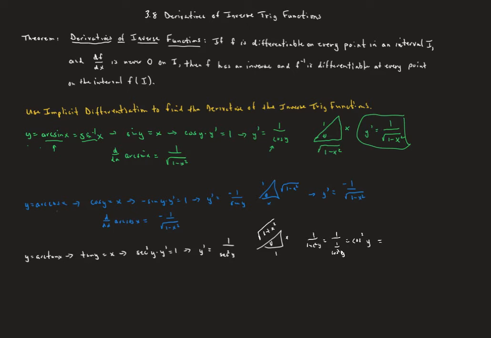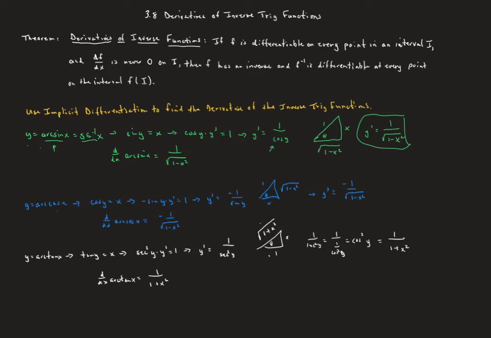So cosine is going to be the adjacent over the hypotenuse, and we're going to square it, and so what we get is no radical, but just 1 over 1 plus x squared. So the derivative of arc tangent of x is going to be 1 over 1 plus x squared.